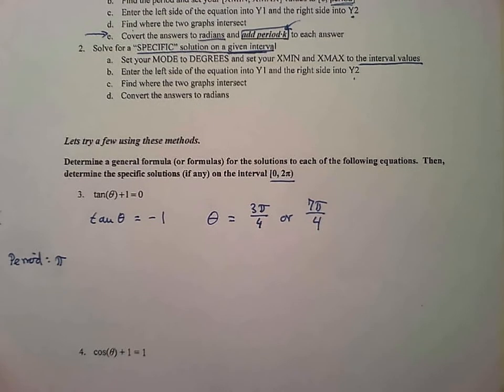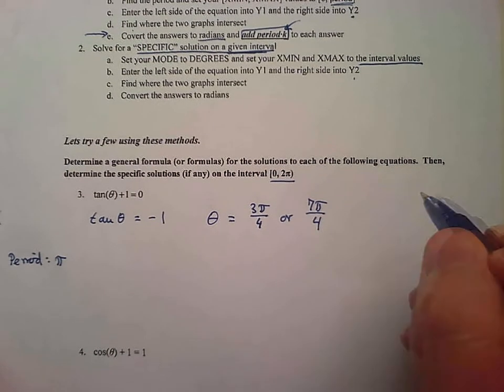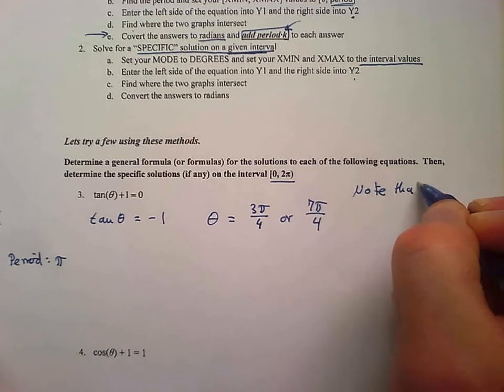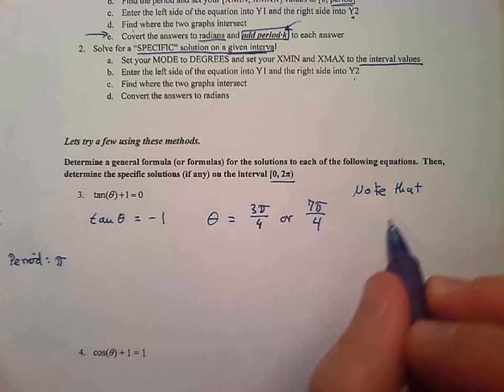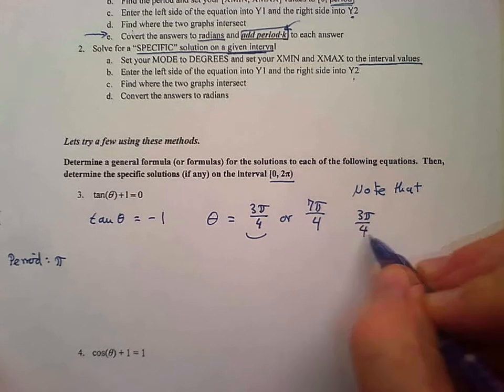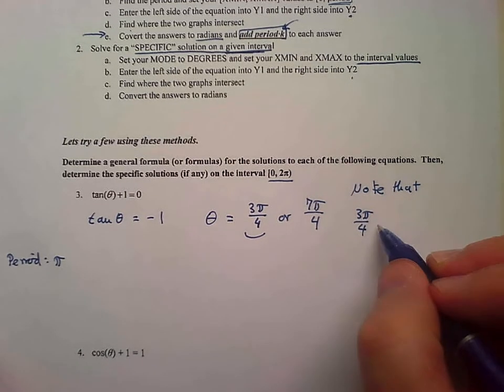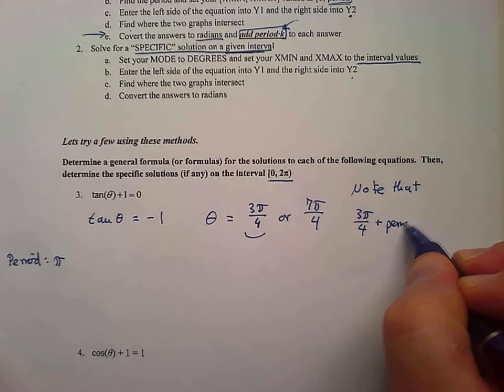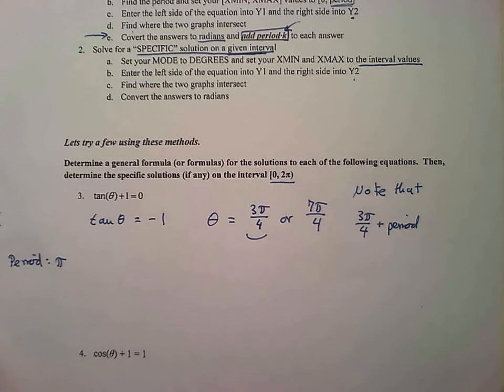So therefore, one of the things that's important to note is this. Note that if we take this first solution right here, 3 pi over 4, and we add the period to it, so you can think of this as adding 1 time the period.